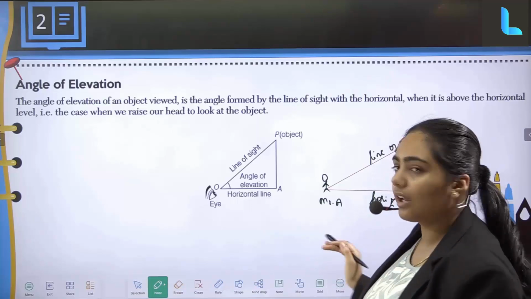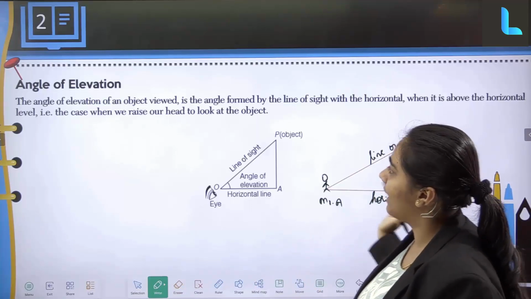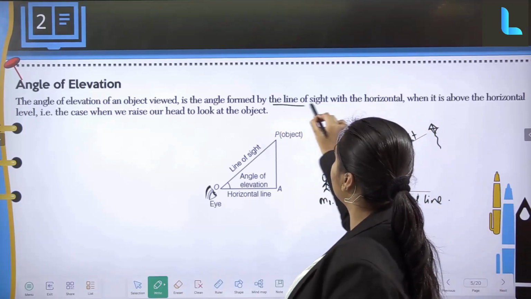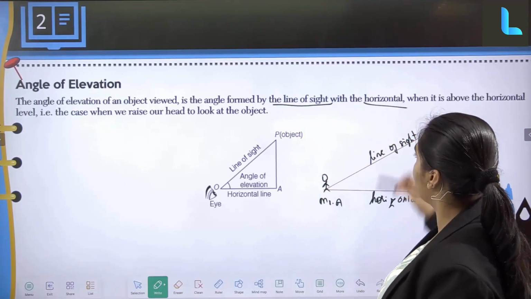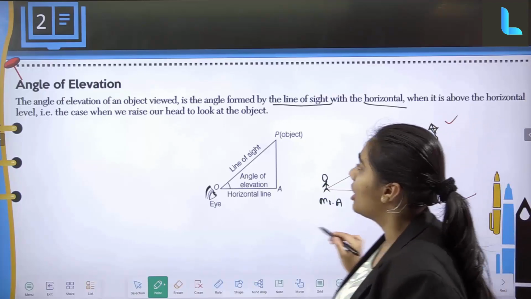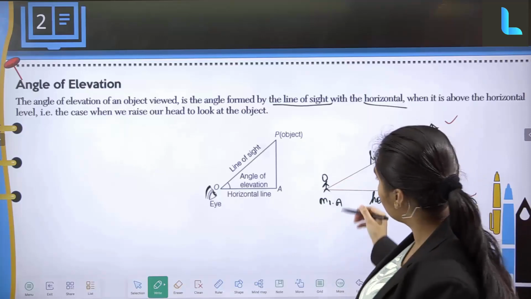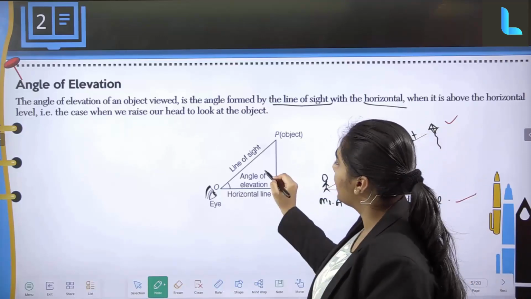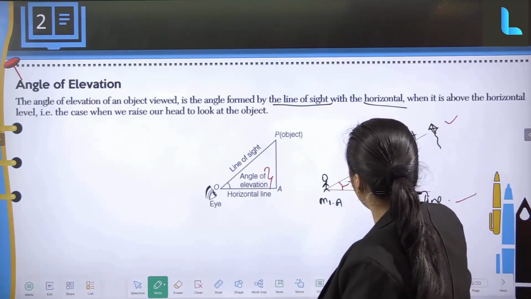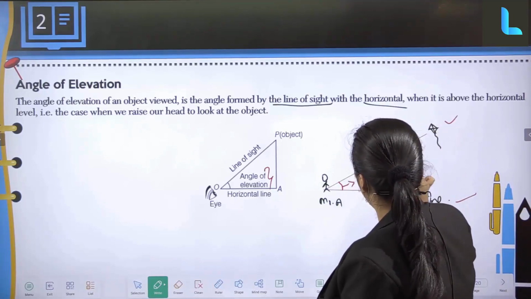Angle of elevation of an object viewed is the angle formed by the line of sight with the horizontal line. Whatever angle is formed in between is called the angle of elevation.